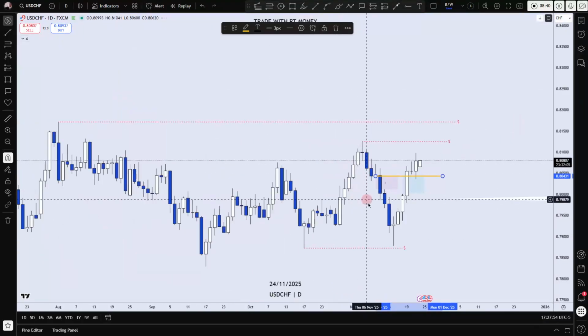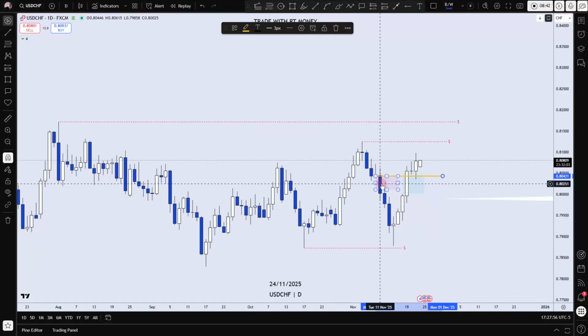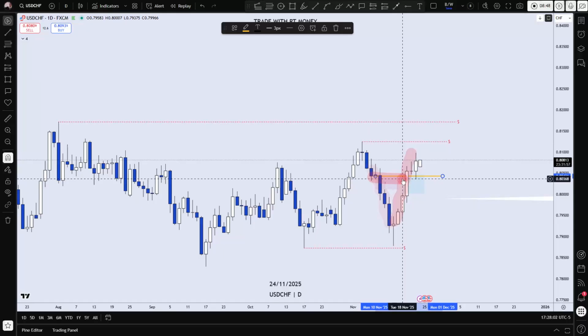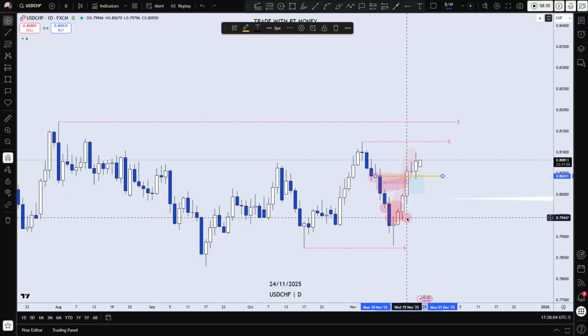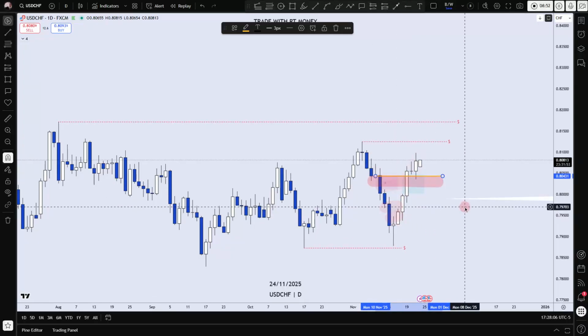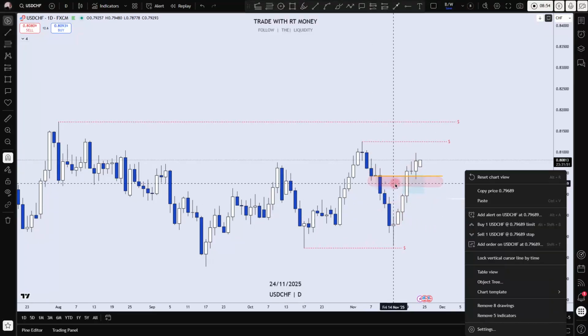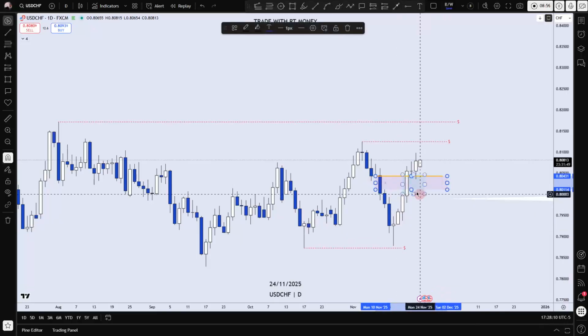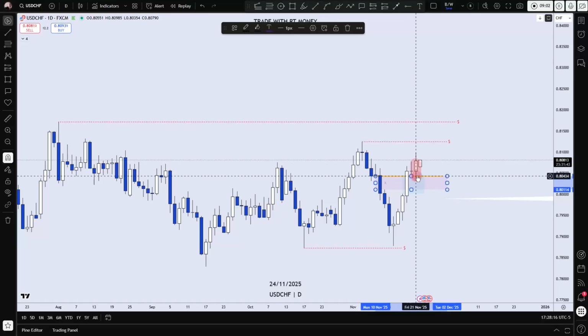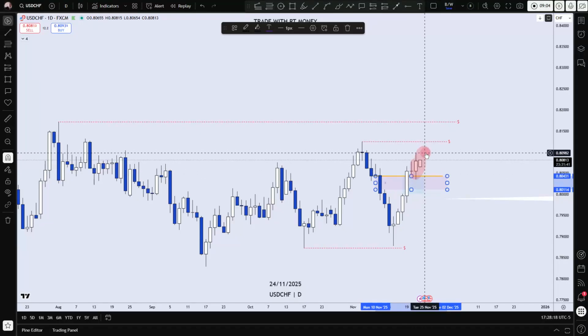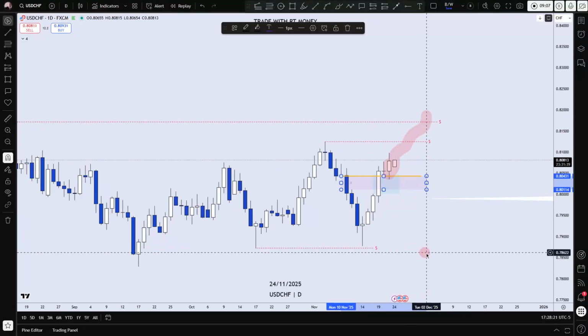Got it? On the weekly, you can see these bearish fair value gaps that were taken, just disrespected. This one could invert, I'm sorry. And we have the similar situation that we had on the US dollar CAD, insofar as the market is coming back, testing that, and using it as support, and could see it go for higher prices.